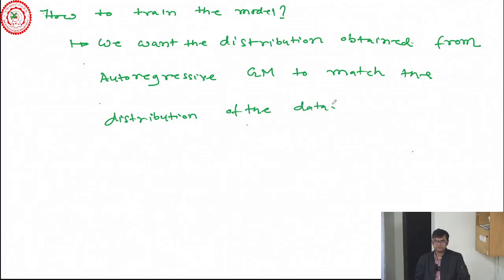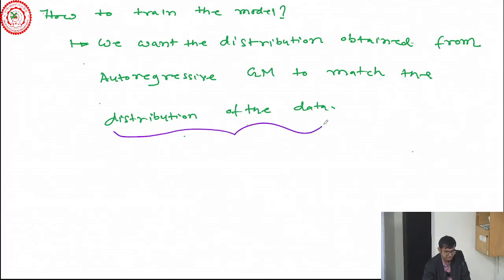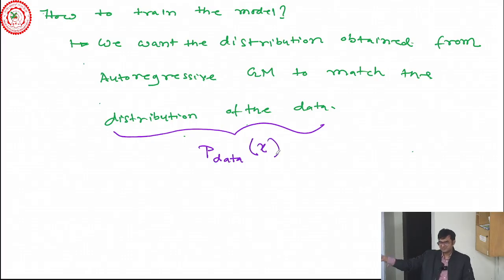That is what we want, right? The distribution of the data, that is one part. Let's call it P data of X, where X is my sample from the variable X. And then the autoregressive generative model. So I have this part also. Maybe I will use another color.